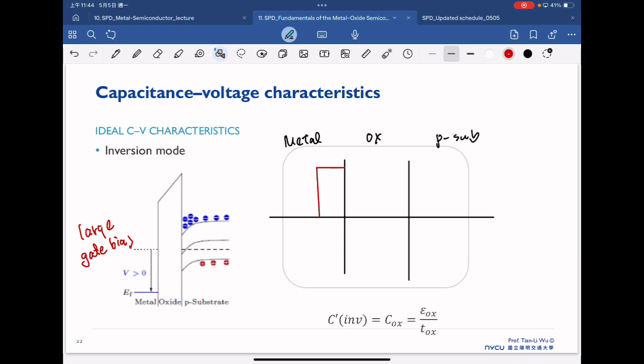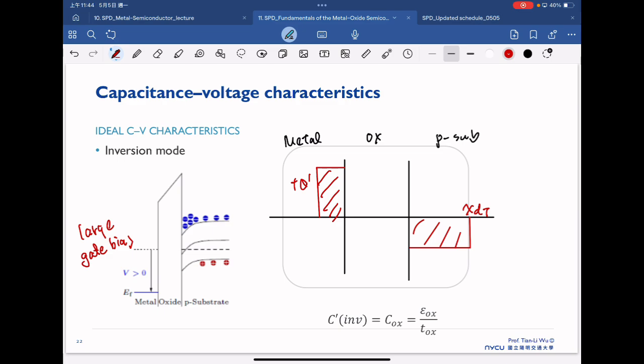That means we will have the large positive charge in the gate metal. And also, now we have to consider, first of all, we just finished the depletion region, and the negative charge in the depletion region just achieved the maximum depletion width.